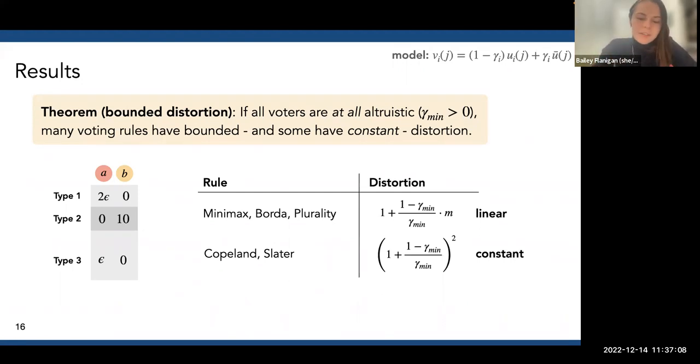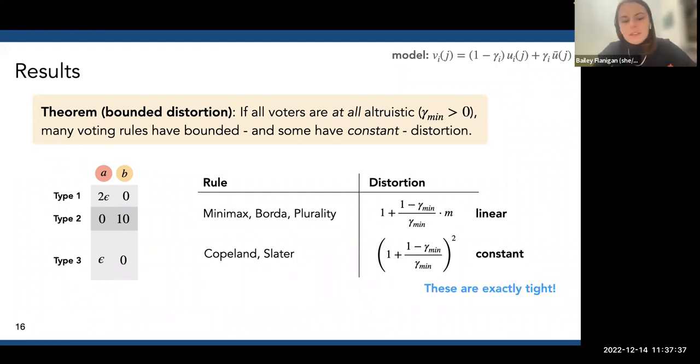Perhaps slightly more interesting is that for some rules we actually get constant distortion, where again the constant is in m, and this is the holy grail in the distortion literature, to remove this dependency on m. We can actually recover this, although of course you can see that this is very much dependent on gamma min. As gamma min goes to 0, this bound is still very large, and so we would like our gamma min to be pretty high in order for this to be a good bound.